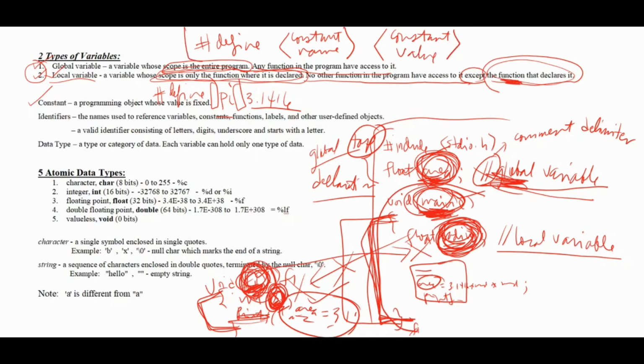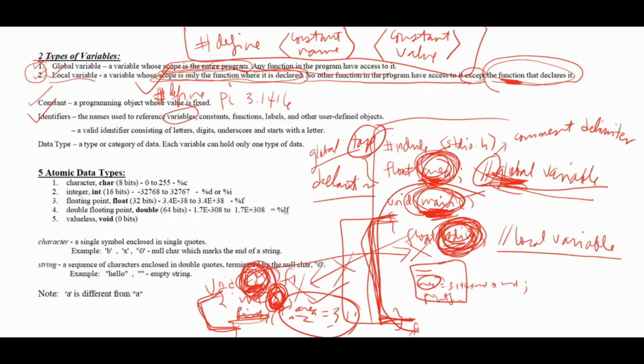That is the syntax. An example of that is this one: # define and then the name pi and then the constant value 3.1416. Again, there is no semicolon after that to end.